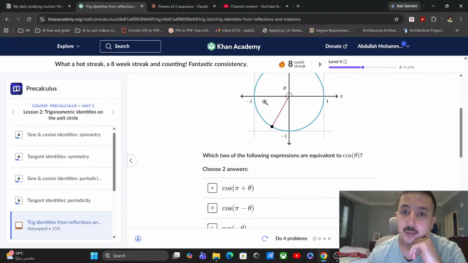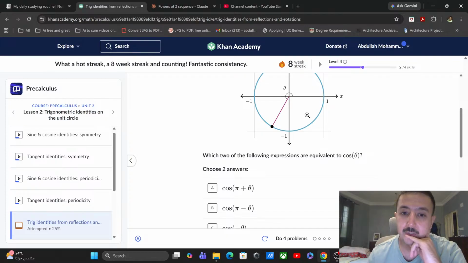So cosine of pi plus theta. You have 2 and it's gonna end up here in the third, and here is positive, no way. So pi minus theta, it's gonna go here, and it's gonna end up here, and here the x is positive and the cosine is x, so no, it's a minus.